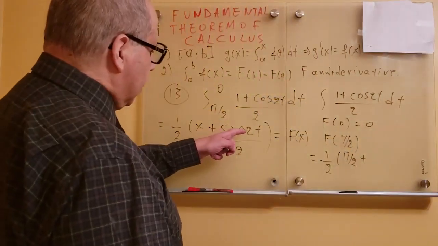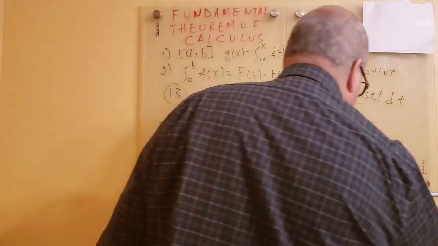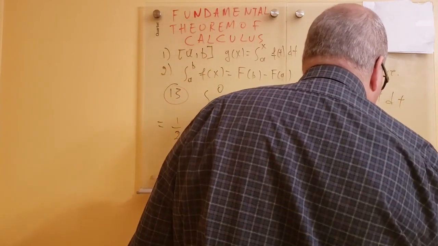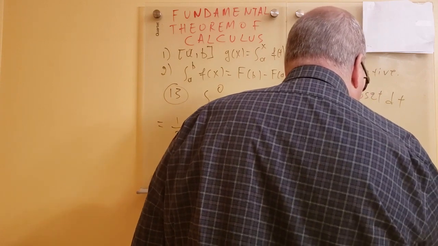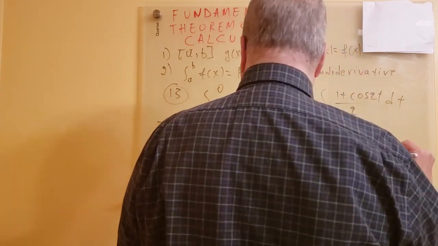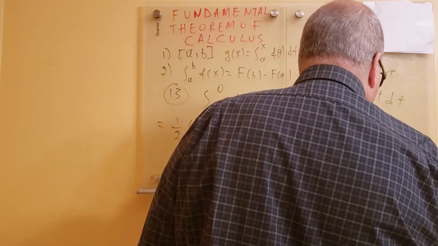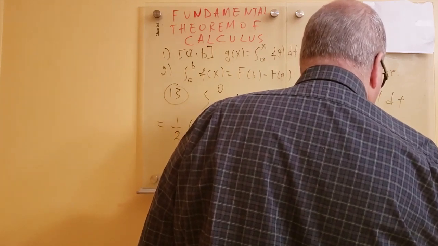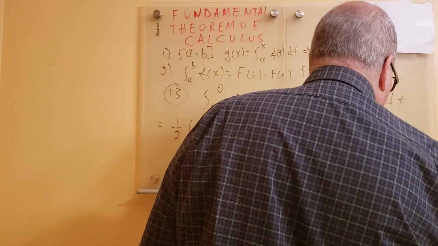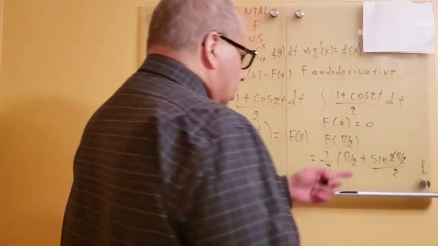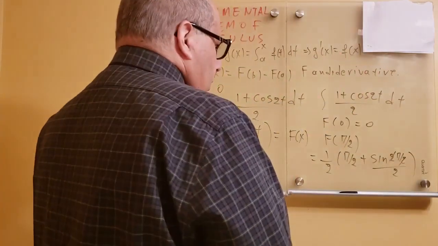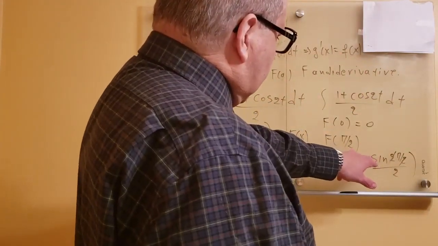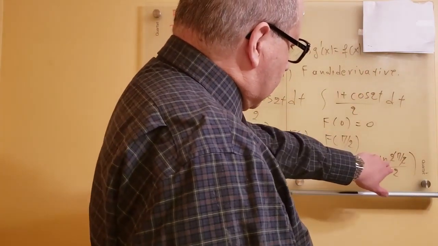Now the sine of, let's write it, sine of 2 pi over 2 over 2, so this cancels with this. So actually you have the sine of pi.